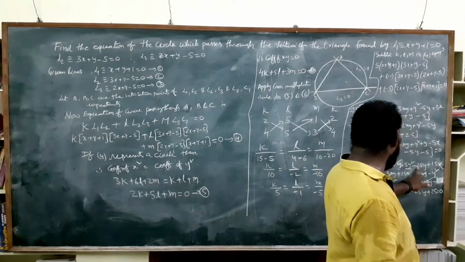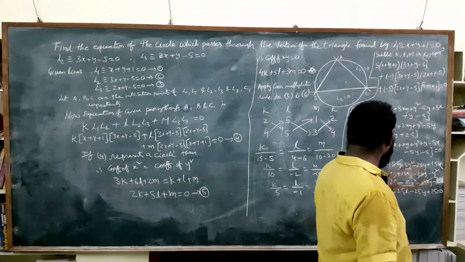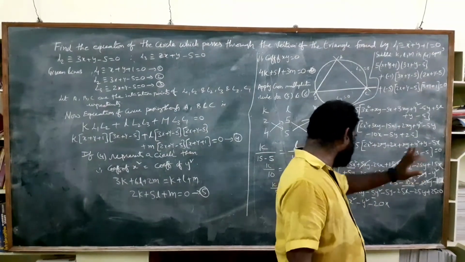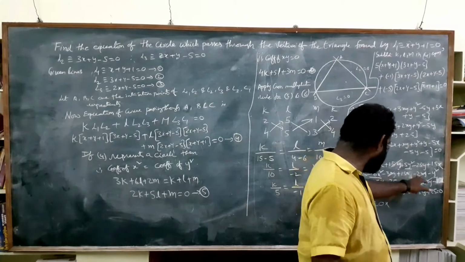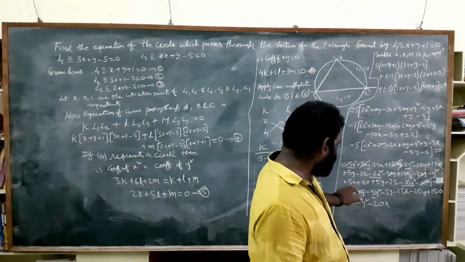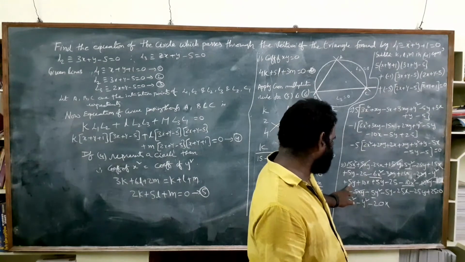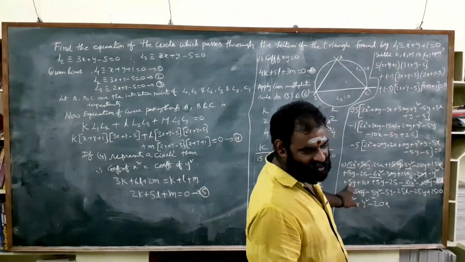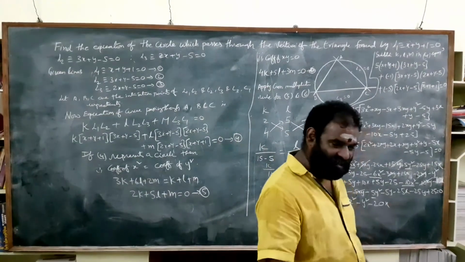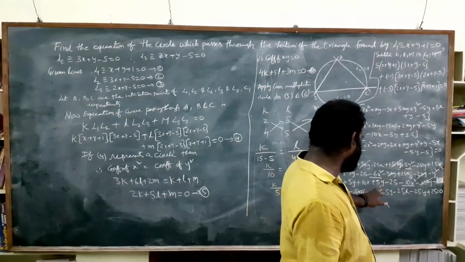Here it is minus 25y plus 5y, minus 25 plus 5, minus 20. And in this, minus 20 plus 5. How much? Minus 15. Minus 15 plus 5, minus 10.